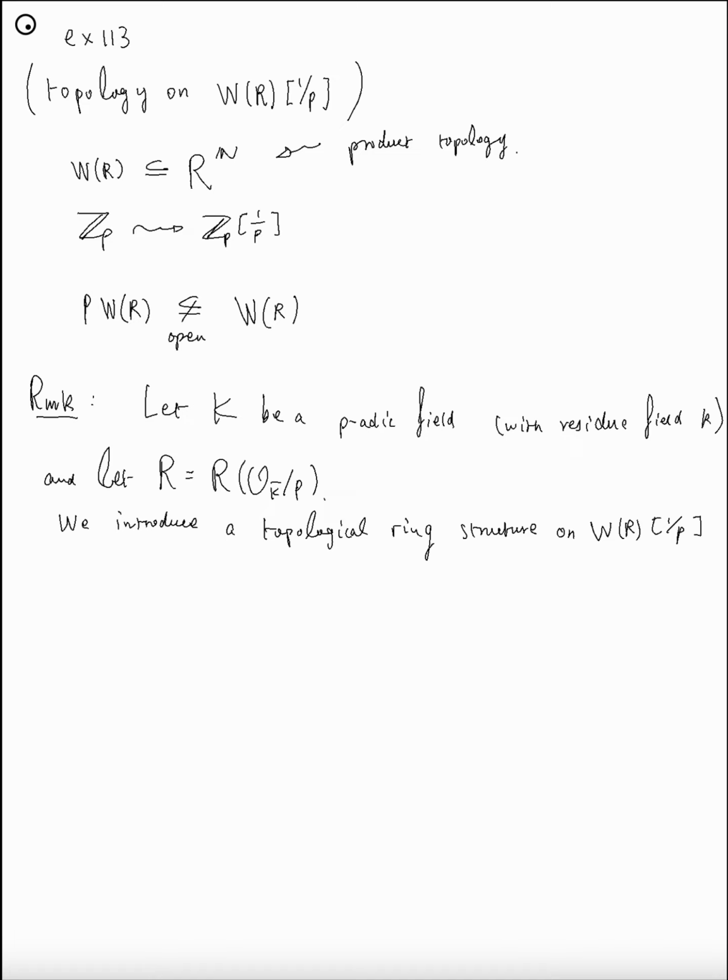Oh, and you could also describe this topology by saying that opens are given by this, because actually the product topology should be what? Some opens on each product factor, but the whole ring on infinitely many product factors.